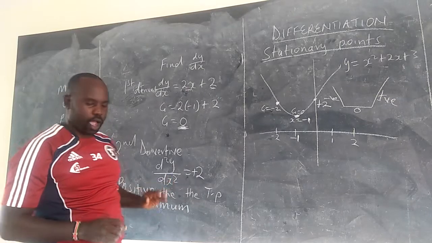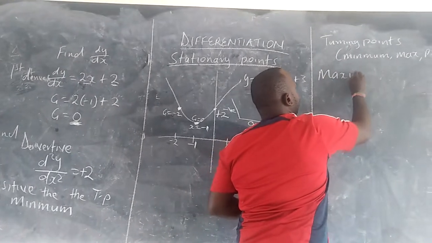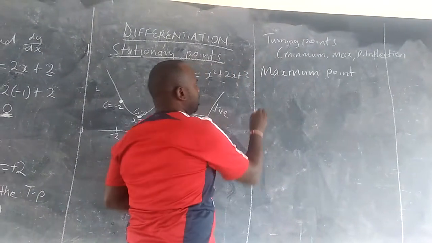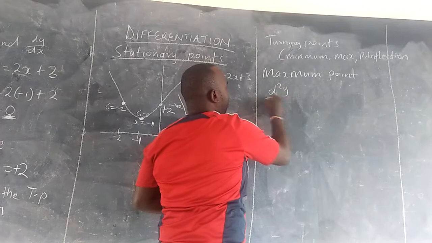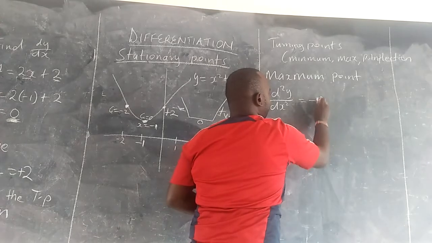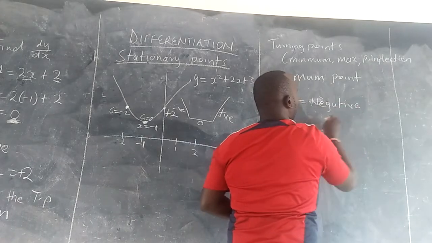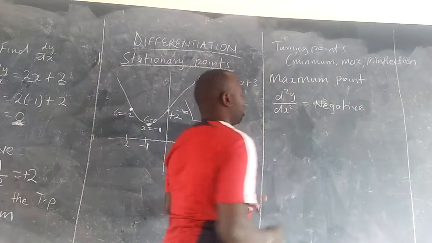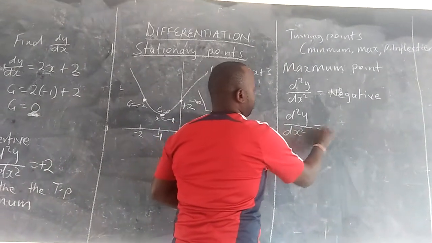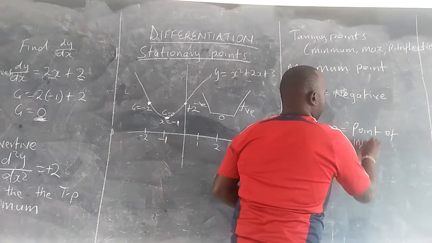So how do you know a point is a maximum point? For a maximum point, the second derivative, that is d squared y over dx squared, if it gives you a negative value, that one is a maximum point. When the second derivative is giving you 0, that is a point of inflection.